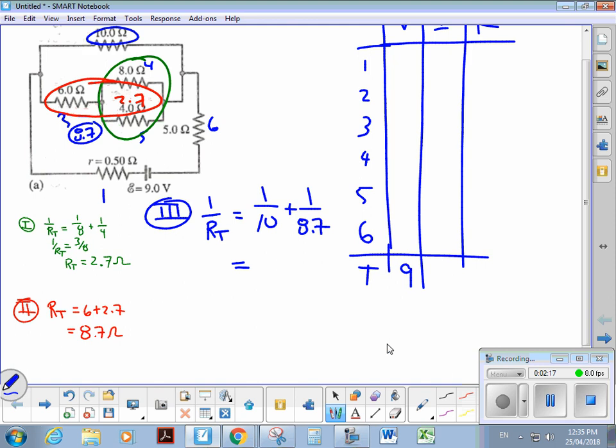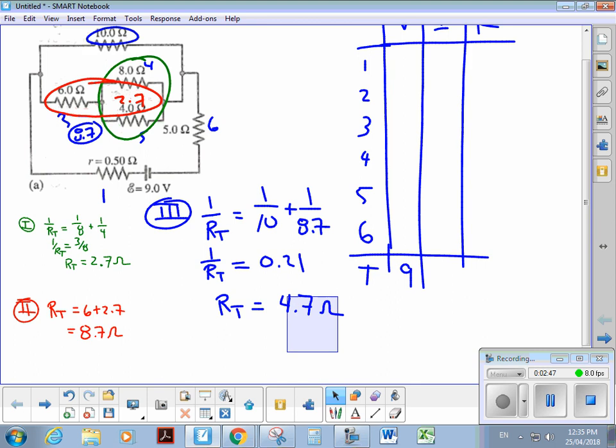I'll do the extra step here: 1/10 plus 1 divided by 8.7. That's about 0.21. I'm just leaving it on the calculator. The reciprocal of that is 4.7. So those 4 resistors are now crushed down into 1.